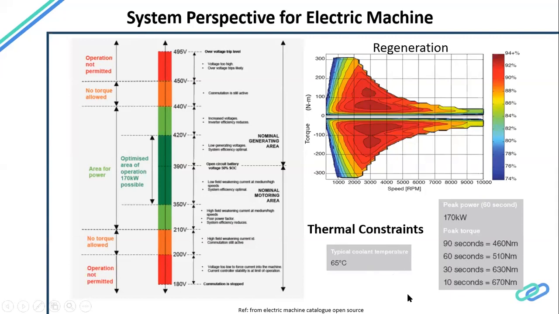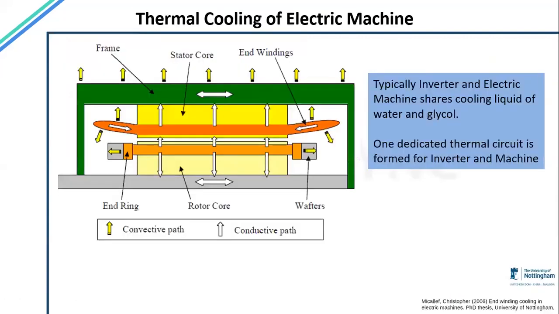The thermal cooling of an electric machine is typically done through glycol plus water, a water and glycol combination. There are separate radiators, say one radiator dedicated maybe for the machine and the inverter, or there are different thermal circuits that we can discuss in deep dive sessions.